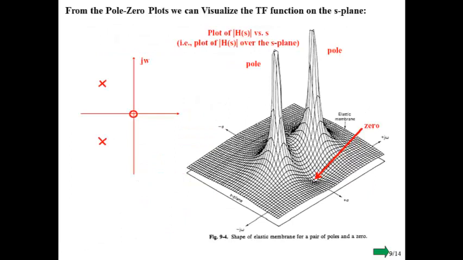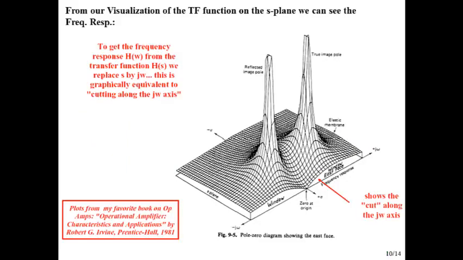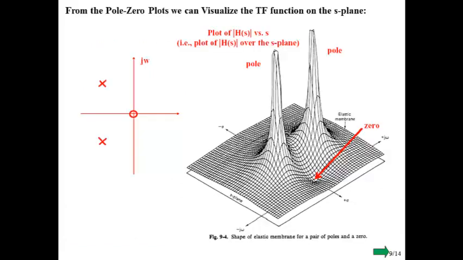So here's a nice pretty picture, a pole-zero plot on the left showing the magnitude plot of H(s) over the s-plane, and this picture comes from one of my favorite op-amp books. I give it credit on the next slide.